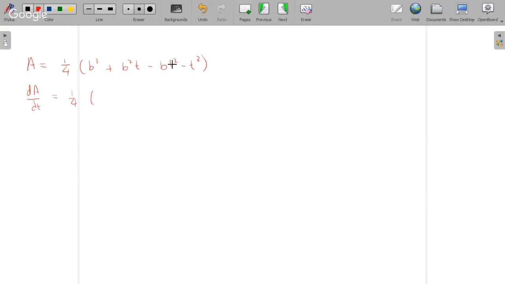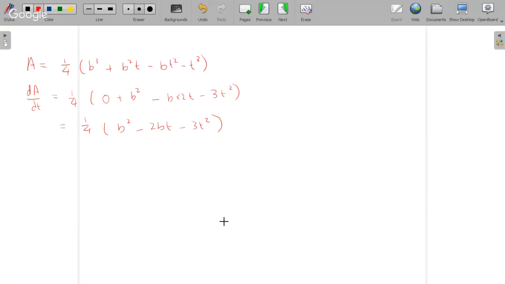Now b is a constant here, so that's just 0. B square. And then differentiating the t square, so 2t. So let's clean it up a bit. Alright, so that's more or less it.